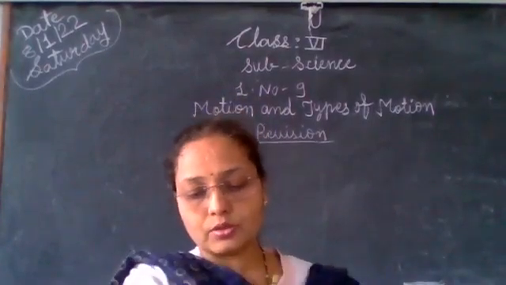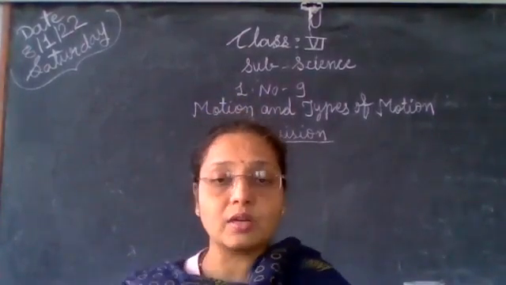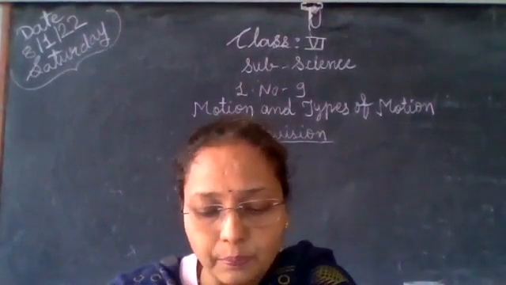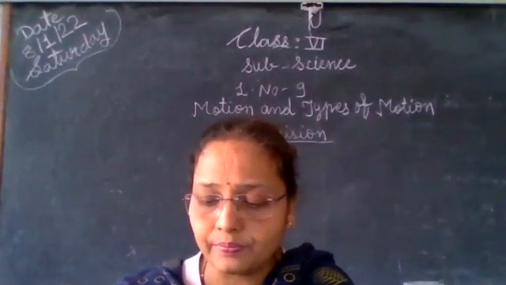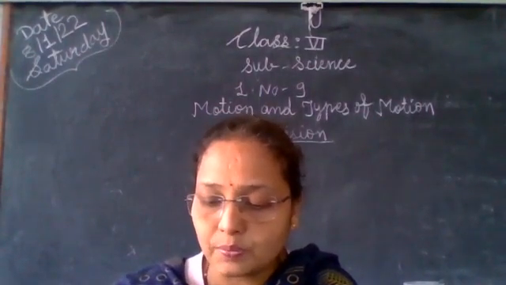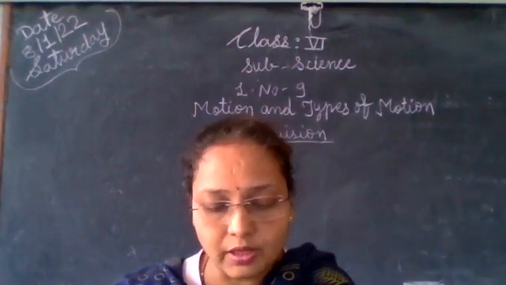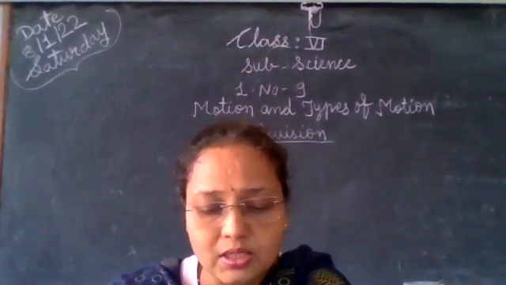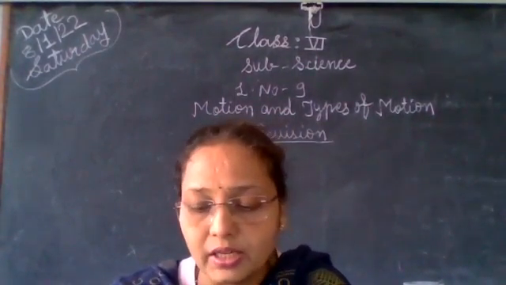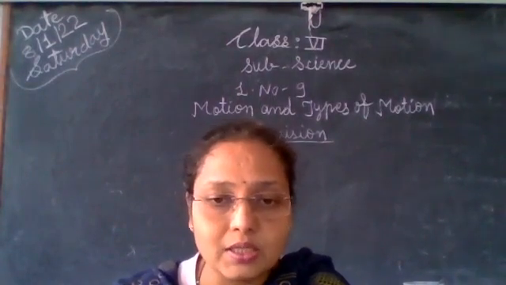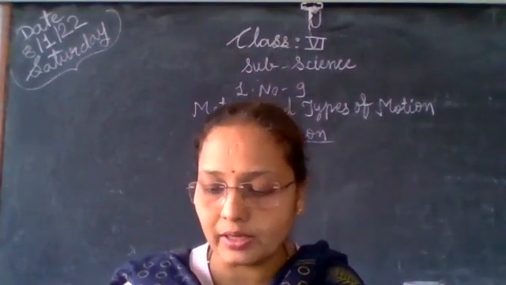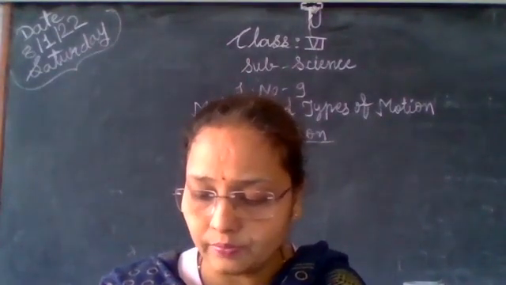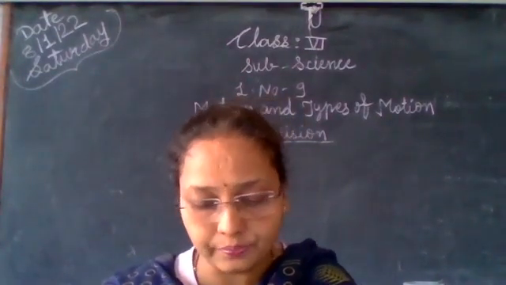Okay children, so see, then question number 6, complete the puzzle using a word. So a puzzle is given, you have to solve this puzzle. First one is a spring is stretched and one end is released, so that is oscillatory motion, oscillatory.